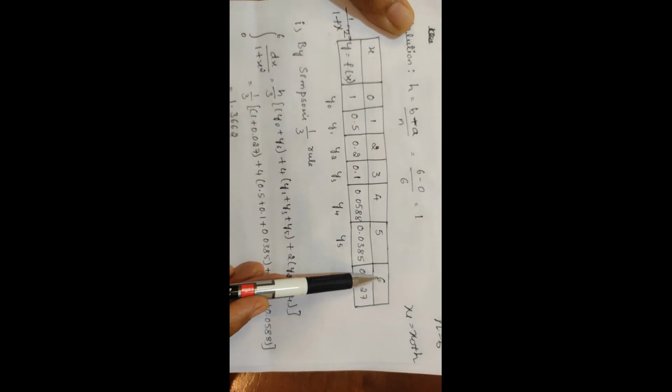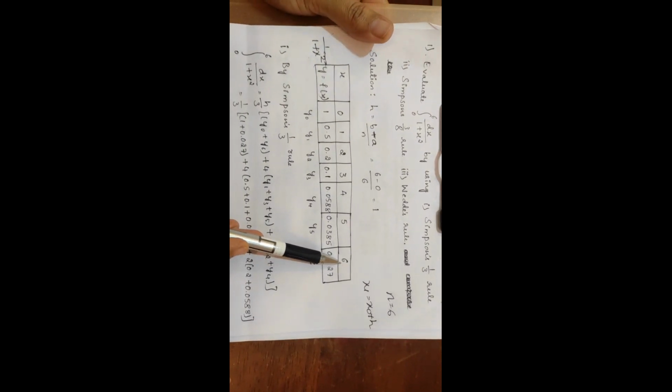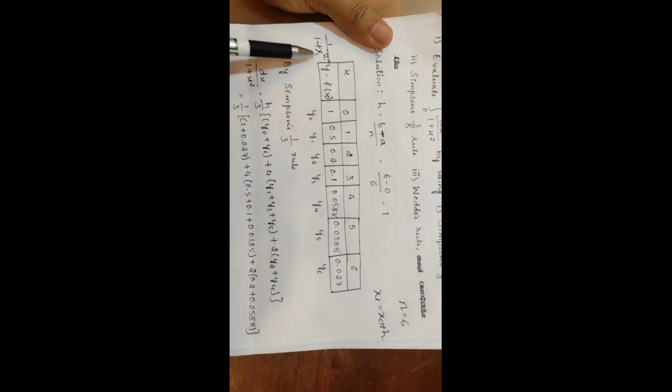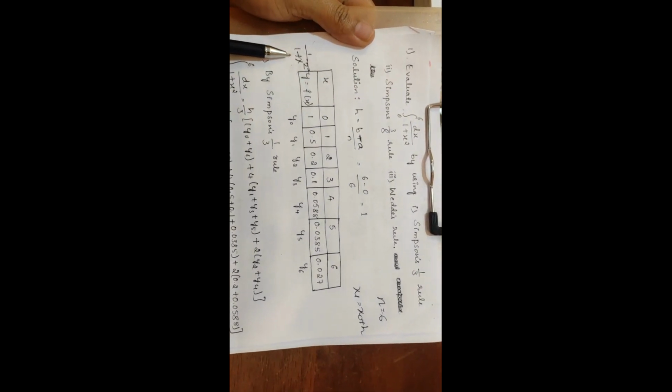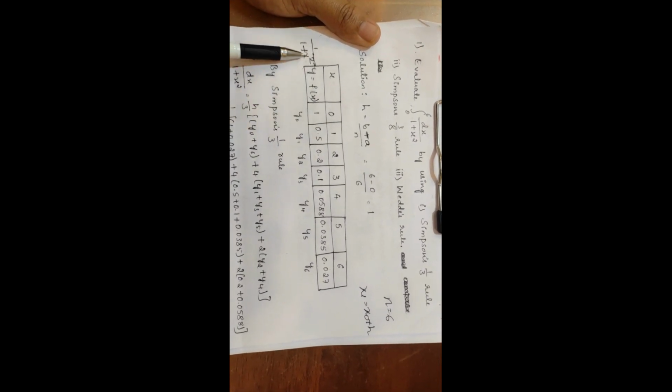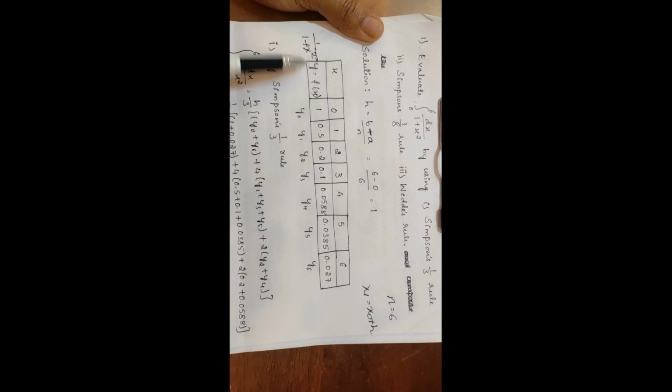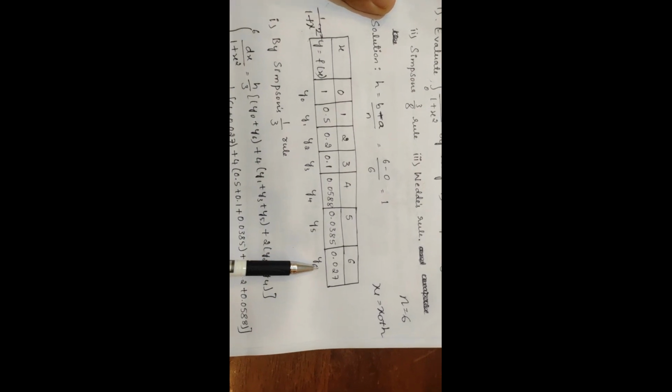Finally the last term is 6, the upper limit, so we stop here. Correspondingly we need to calculate y. y is 1 by 1 plus x squared. For the first term, x is 0, so 1 by 1 is 1. Next, 1 squared is 1, 1 plus 1 is 2, 1 by 2 is 0.5. Like this you have to calculate y2, y3, y4, y5, y6.